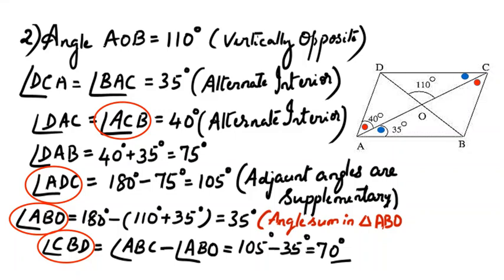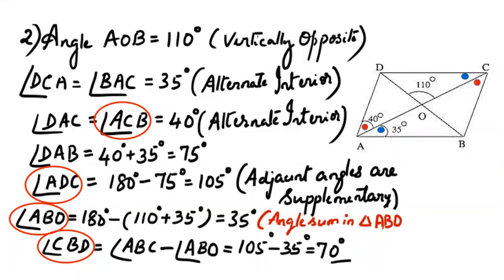That is why AOB is 110 degree. AOB is 110. DOC is 110 given. So AOB also 110. Now, that they did not ask. So I am just finding AOB is 110.